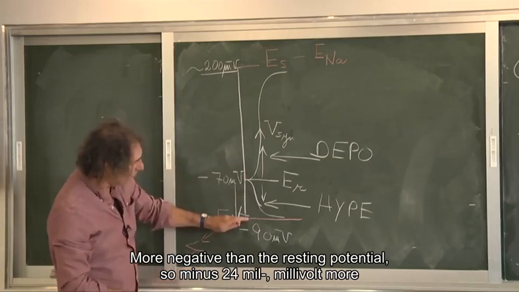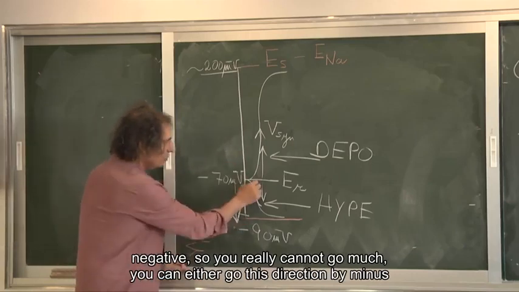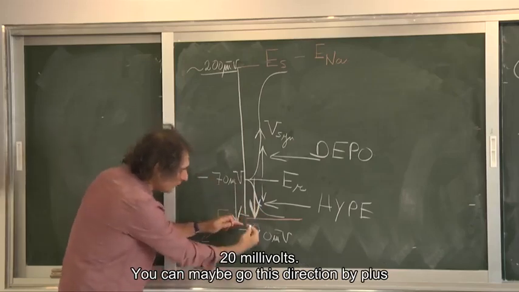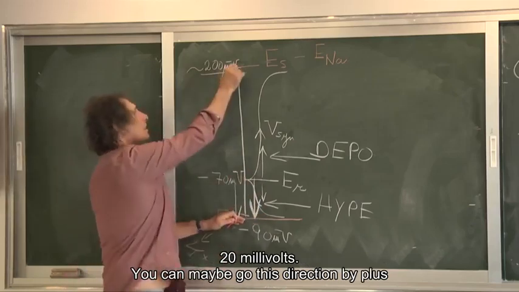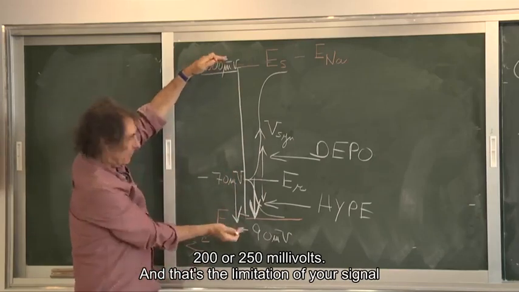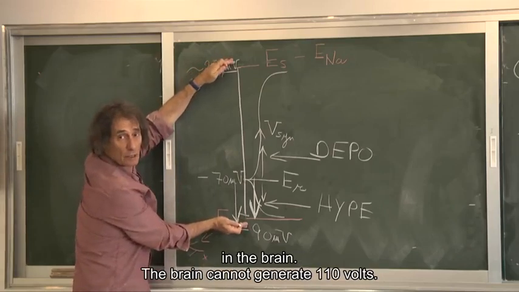So you really cannot go much. You can go this direction by minus 20 millivolts, or you can maybe go this direction by plus 200 or 250 millivolts. And that's the limitation of your signal in the brain.